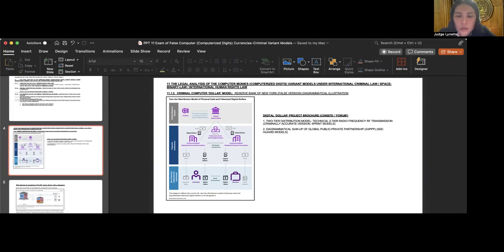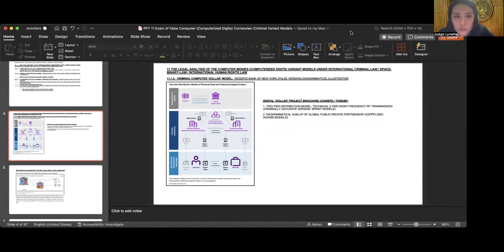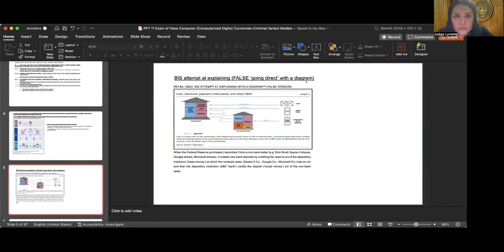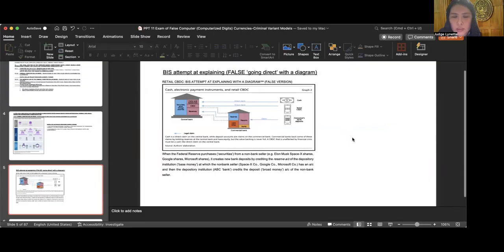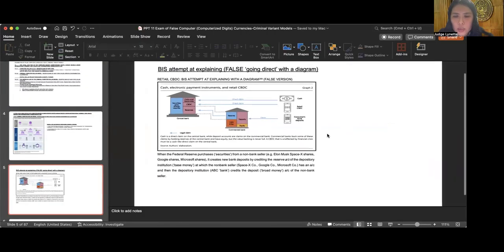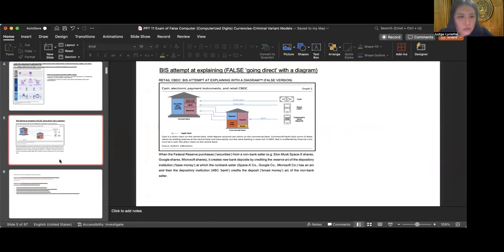I will start off with Microsoft because they have a very famous 666 model, right? So I will look at that and explain that. So this is the BIS attempt in explaining the going direct with the diagram. So we will look at the diagram and then we'll look at the balance sheet.